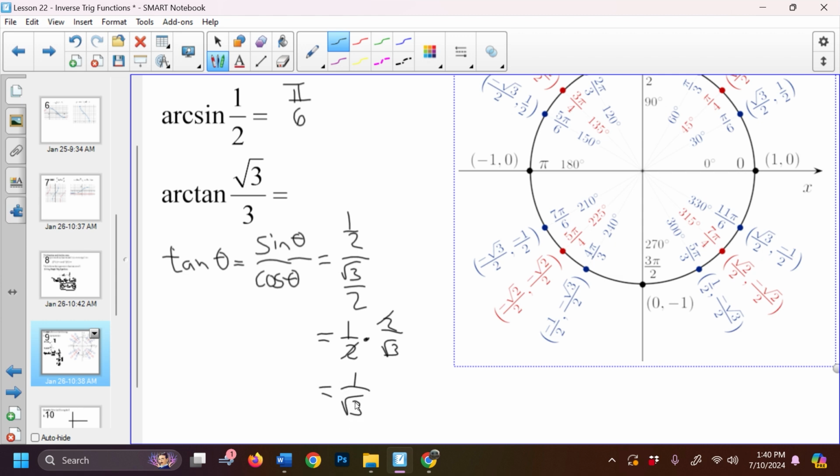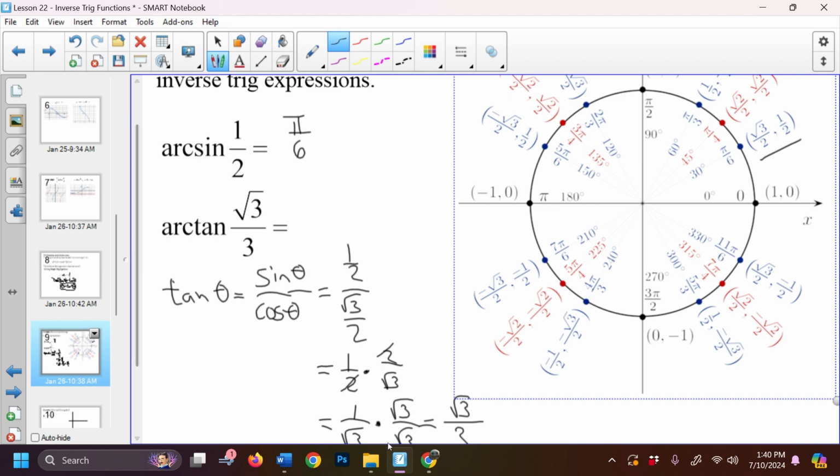Can't leave a square root of 3 in the denominator, so I have to multiply by the funky 1, square root of 3 over square root of 3. 1 times square root of 3 is square root of 3. Square root of 3 times square root of 3 is just 3. So this value right here gives me a ratio of square root of 3 over 3. The angle measure that corresponds to that is pi over 6 again.